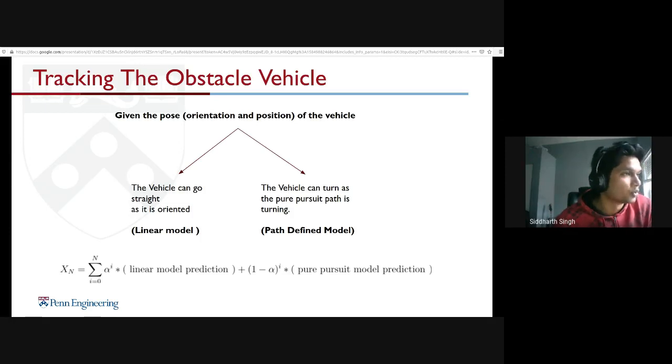So when i becomes n, which is the highest, we will have very little weighting to the linear model prediction and very high weighting for the pure pursuit model prediction. But initially, when i is 0, alpha is 1, we have entirely the linear model prediction. Is that clear to anyone? Are there questions for this?